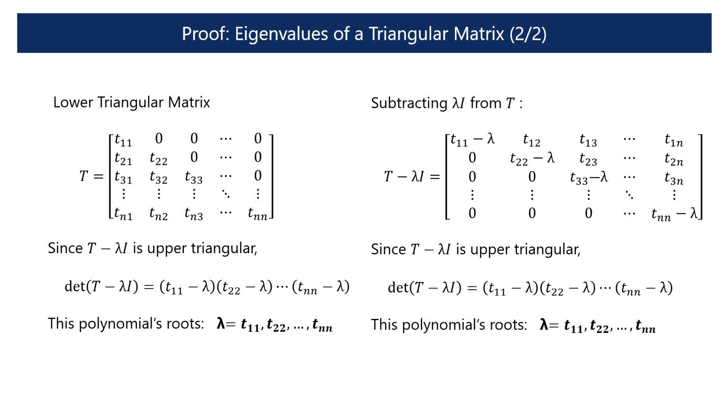If T is a lower triangular matrix, T minus lambda I is also lower triangular, and its determinant follows the same pattern. Thus, the eigenvalues are still the diagonal elements. As shown above, for any upper or lower triangular matrix, the eigenvalues are exactly the diagonal entries.